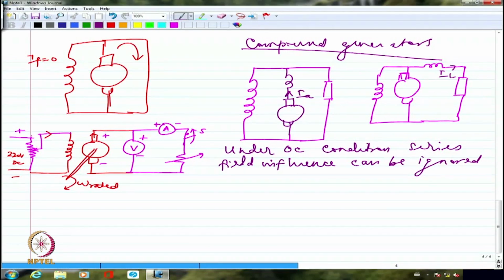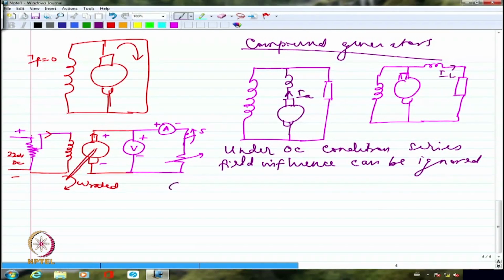Now, if I have the series field aiding the shunt field, both of them are additive. I have some series field flux created, and shunt field flux also created. Both of them are aiding each other. So the total main field flux is the addition of the series field flux plus shunt field flux.